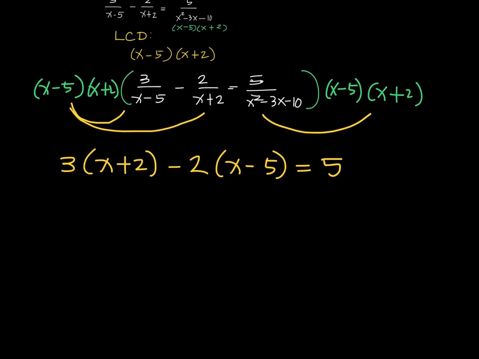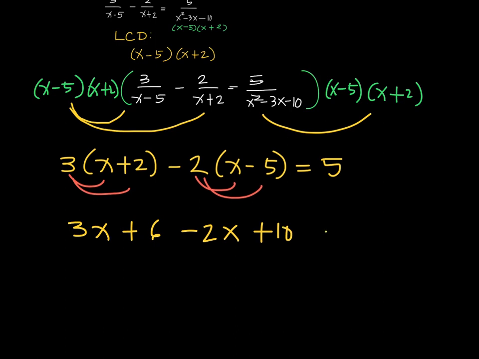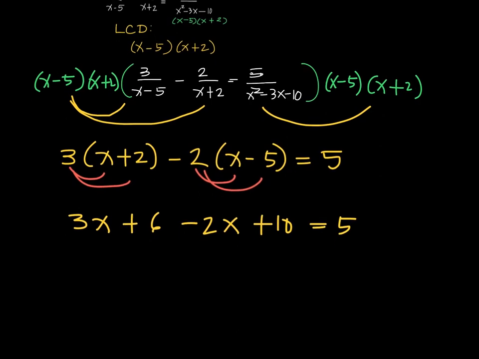So just proceed by solving this equation, and that means you have to distribute the 3 and the minus 2, and then combine like terms. So 3 times x, that's 3x, and then plus 6. Minus 2 times x is minus 2x, and minus 2 times minus 5 is plus 10, equal to 5.